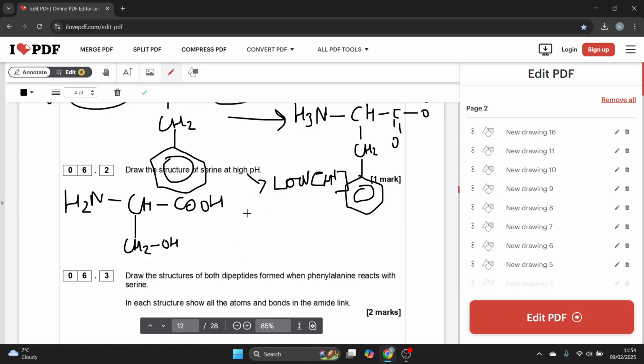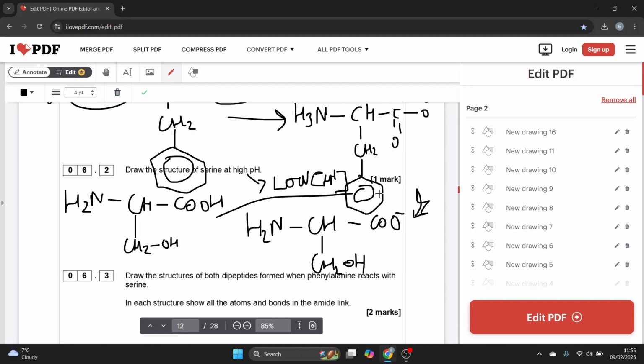So it's going to be H2N, CH, CH2OH, and it's just going to be COO minus, because at low pH I would want the H plus to bond to it to form COOH.